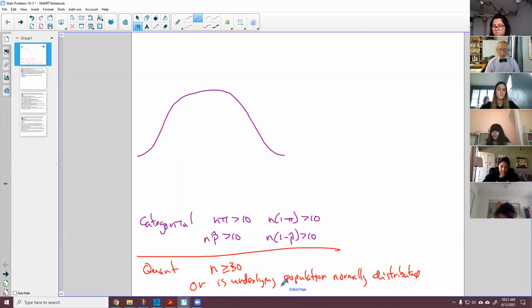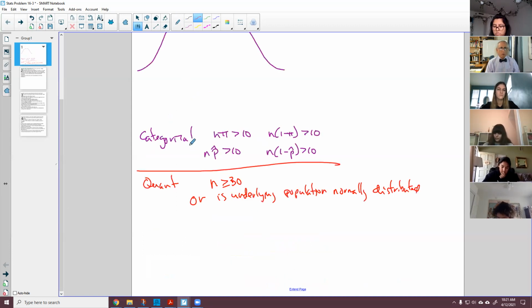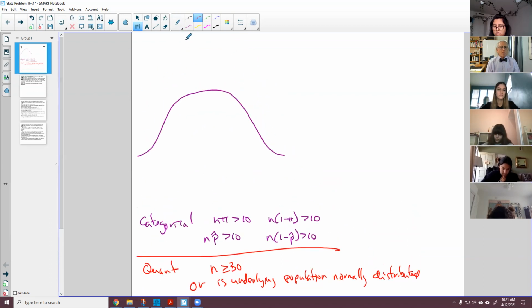Okay. So for a confidence interval, which I'm going to represent as CI, the center of the diagram is going to be p hat. Confidence interval uses p hat.